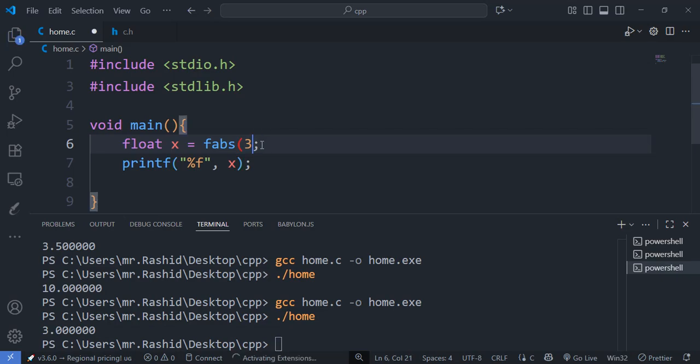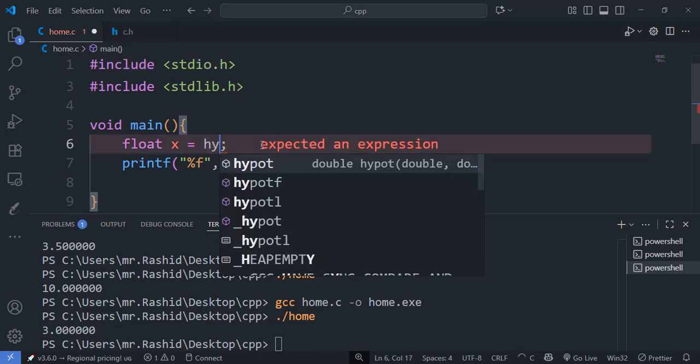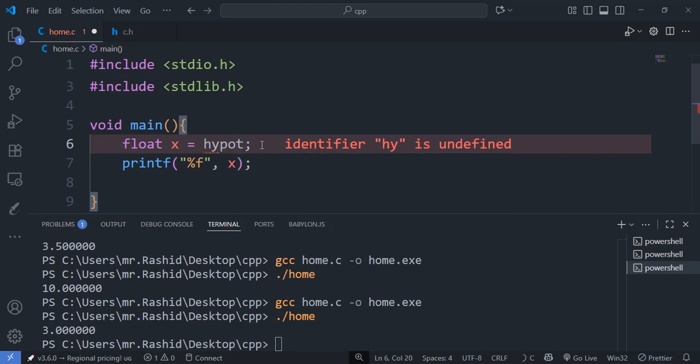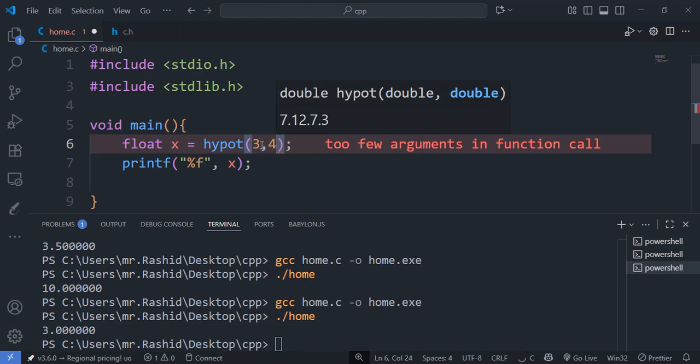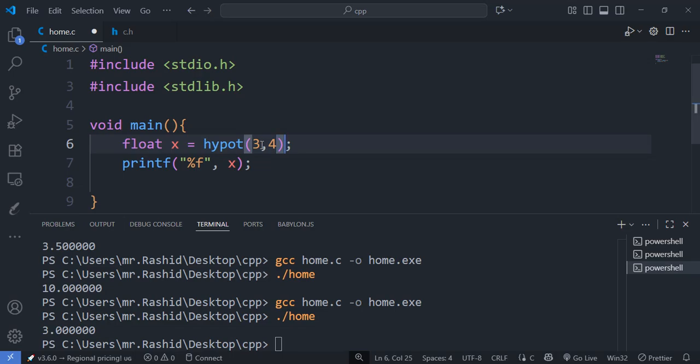As you know, if you have ever worked with trigonometry, there is a formula for finding the hypotenuse. Here we have hypot, for hypotenuse, and it is going to get us the hypotenuse. Let us provide 3 and 4. 3 is going to be the base, and 4 is going to be the height, or opposite.